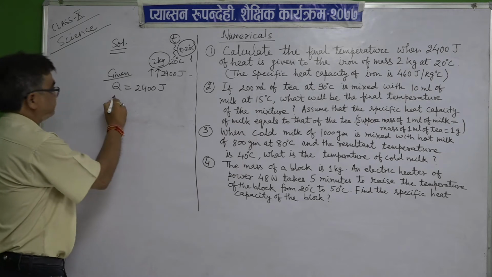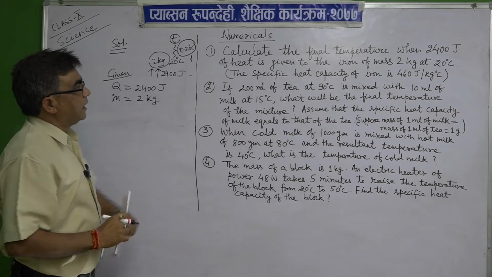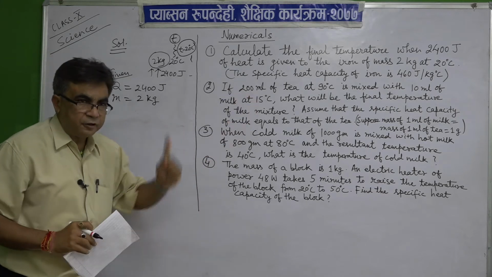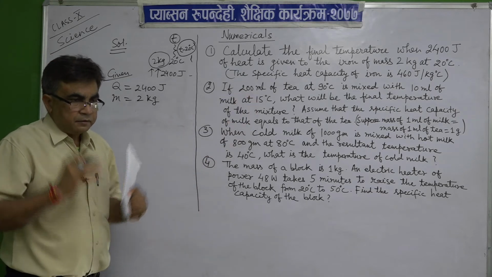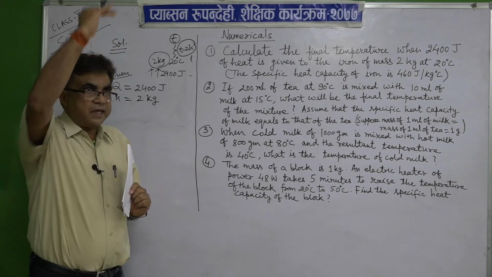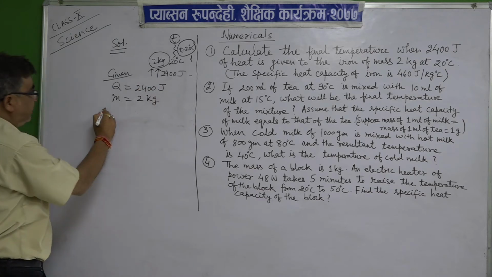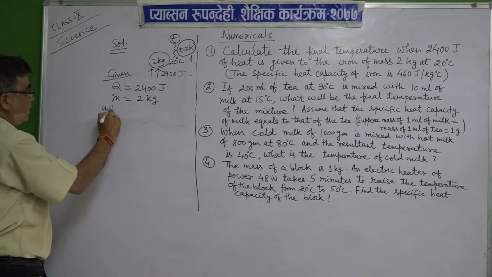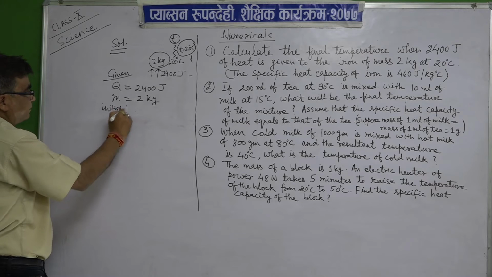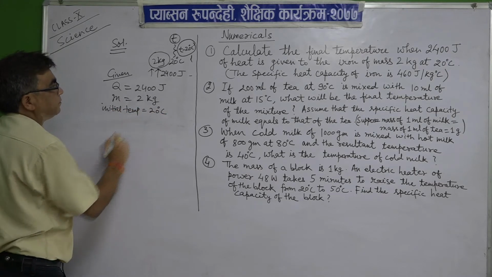M is given, 2 kg, at 20 degree centigrade. That 20 degree centigrade, do not get confused, is the initial temperature. You have been asked the final temperature. Okay? So, that is your initial temperature, given as 20 degree centigrade.